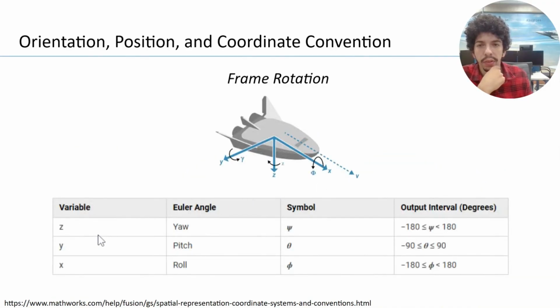For curiosity, we have variables x, y, and z. Euler angles are named roll, pitch, and yaw, in this limit for the angles.